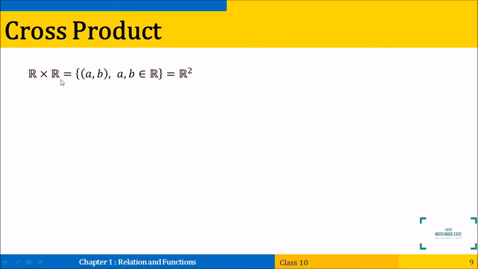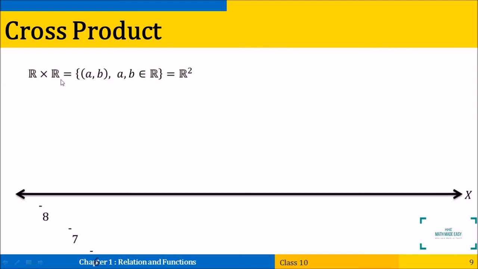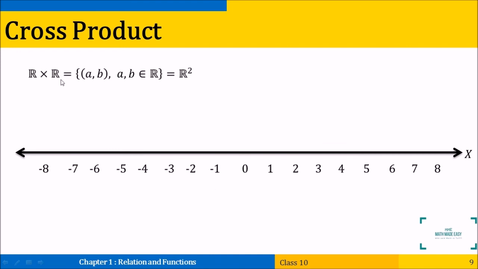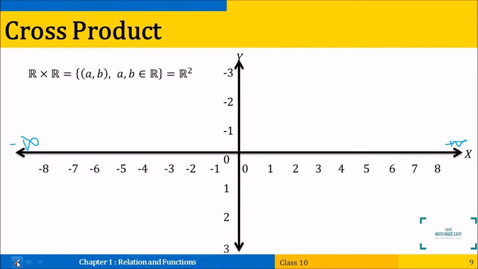So what do we mean by that? This is actually your x-axis, or we can say the set of real numbers which extends from minus infinity to plus infinity. And let's also consider the y-axis, which again is a real number line from minus infinity to plus infinity.